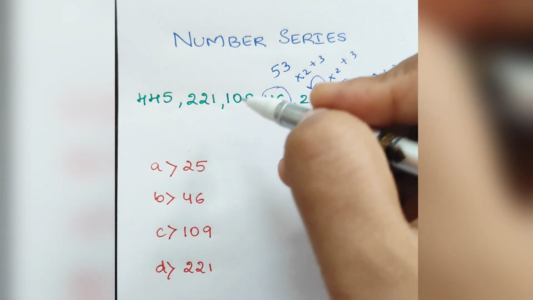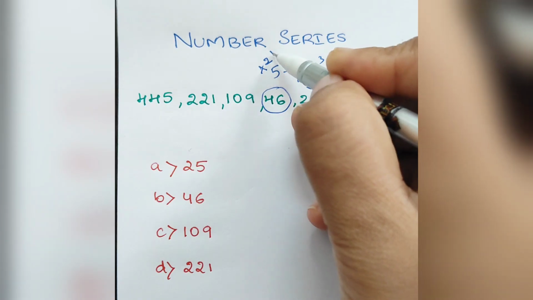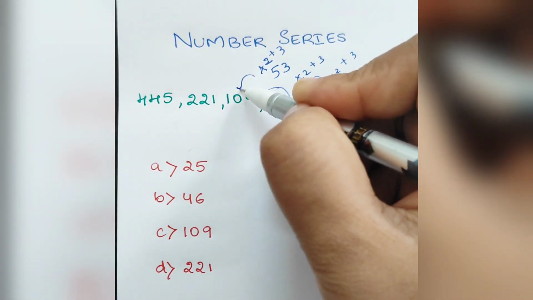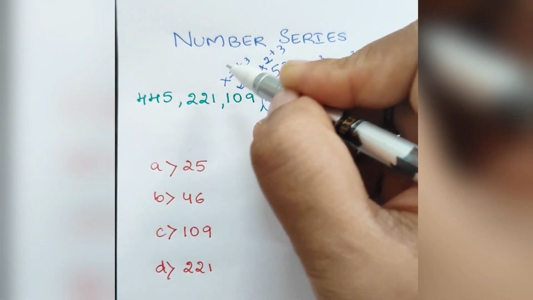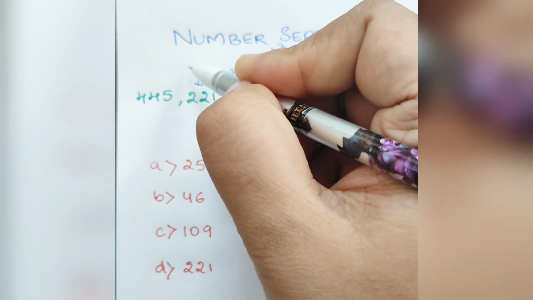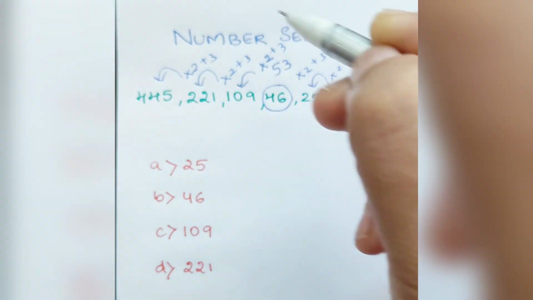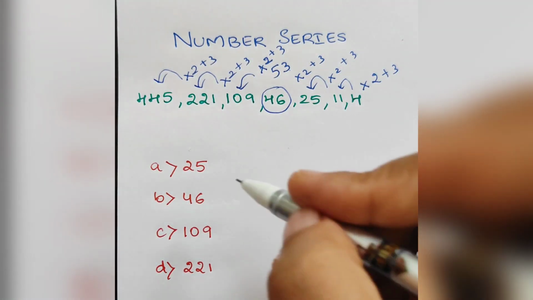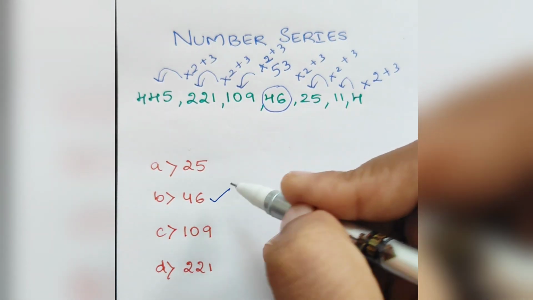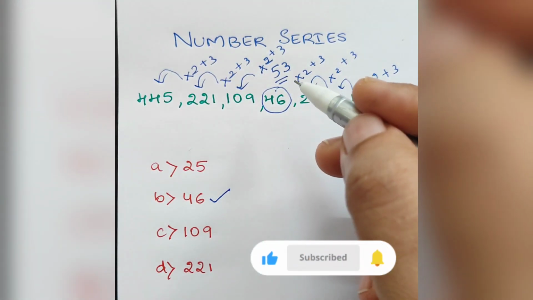Let's check further. So 53 into 2 plus 3 is 109. 109 into 2 plus 3 is 221. 221 into 2 plus 3 is 445. So 46 is the wrong number. Instead of 46, it should have been 53.